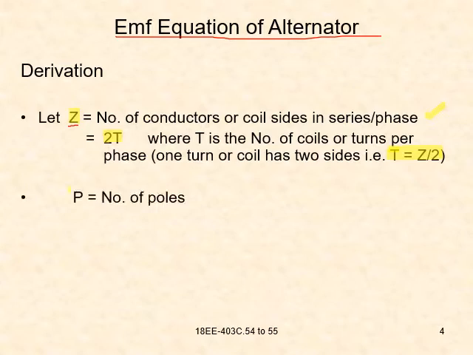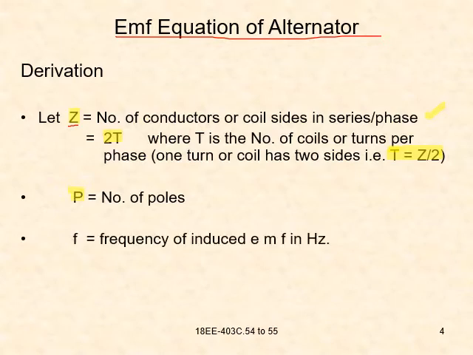And P is equal to number of poles, and frequency f is equal to frequency of induced EMF in hertz, and phi is the value of flux per pole in Webers.